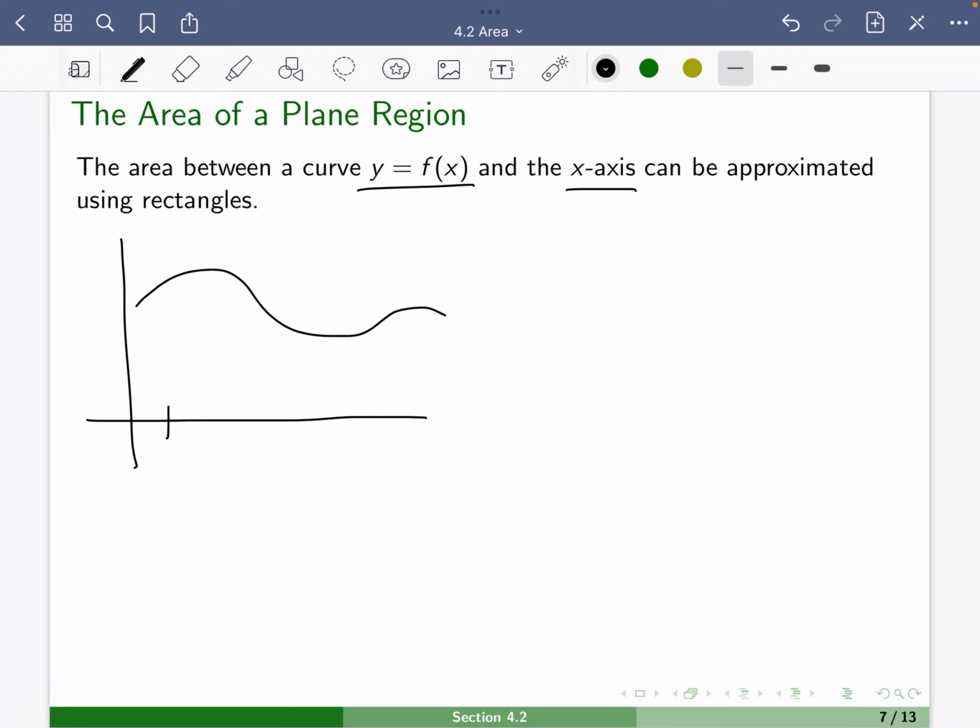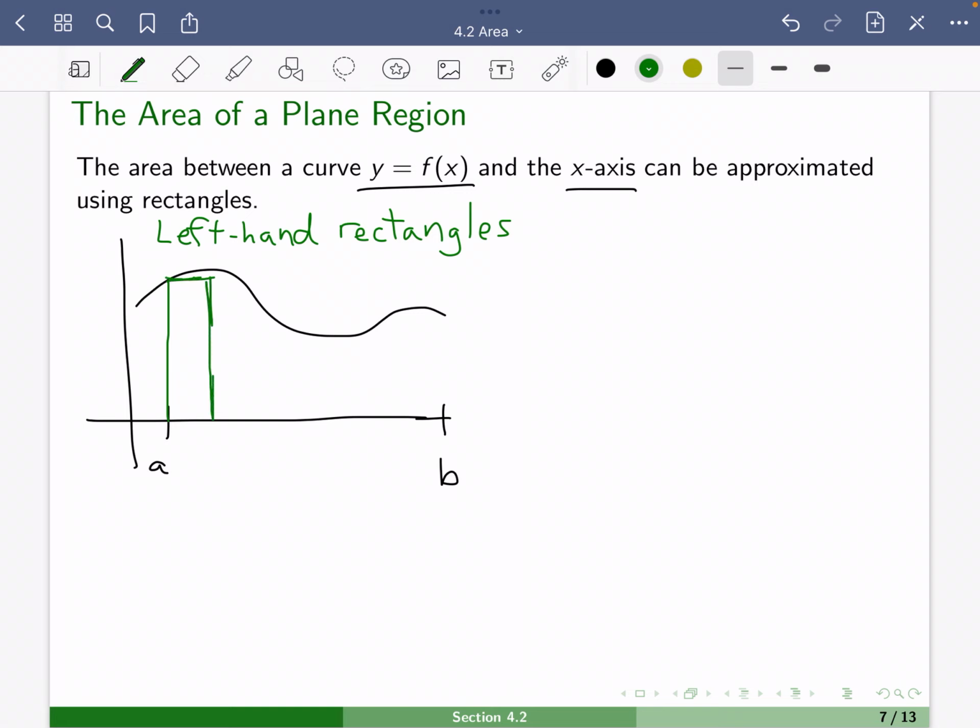If we're going to go from this value a to this value b, what we could do is, I don't know, let's use left rectangles, left-hand rectangles. So what we're going to do is take this rectangle and use that as a height.